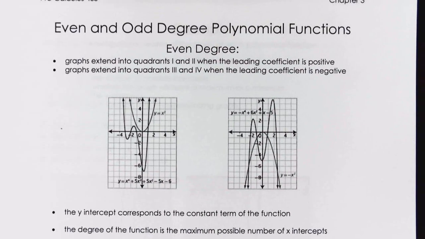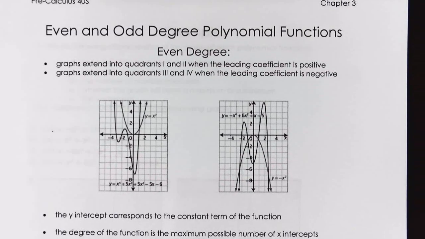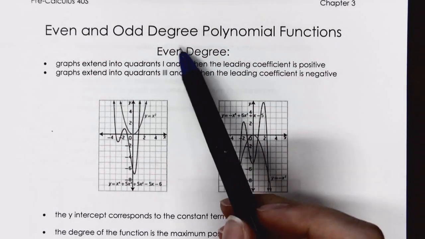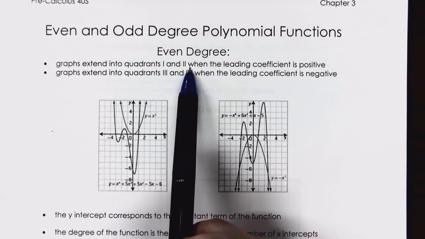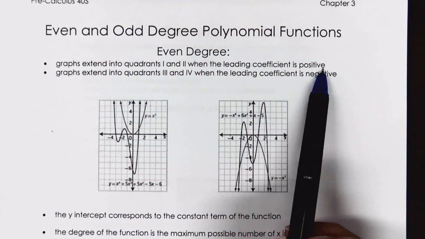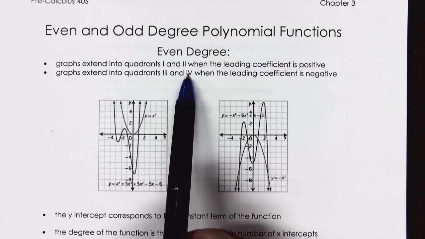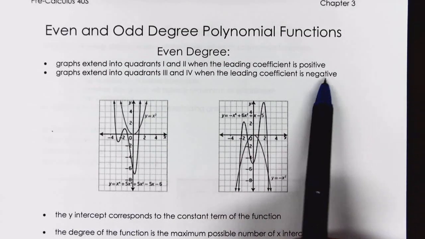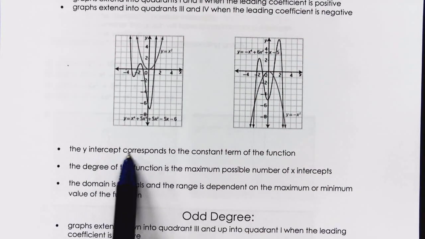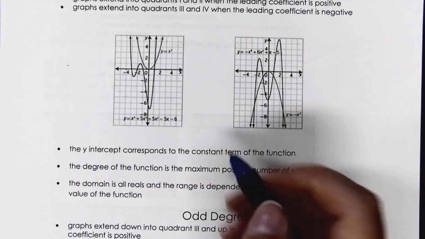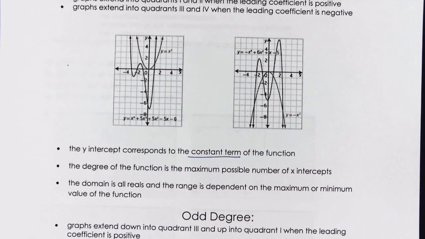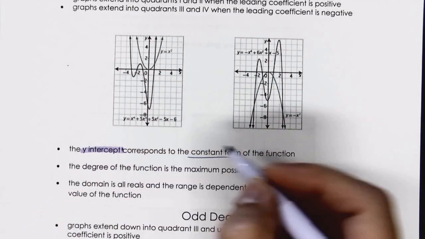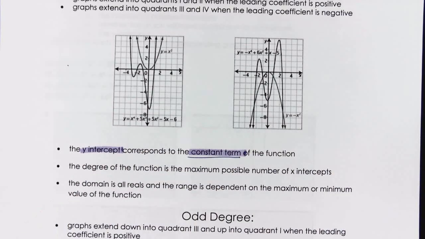Okay, this just summarizes what we talked about. If you have an even degree, the graph extends into quadrants 1 and 2 when the leading coefficient is positive, and quadrants 3 and 4 when the coefficient is negative. For even degrees, the y-intercept corresponds with the constant term of the function.